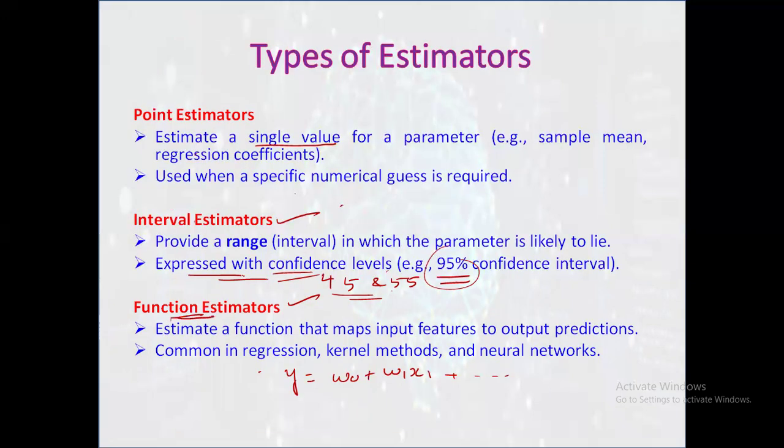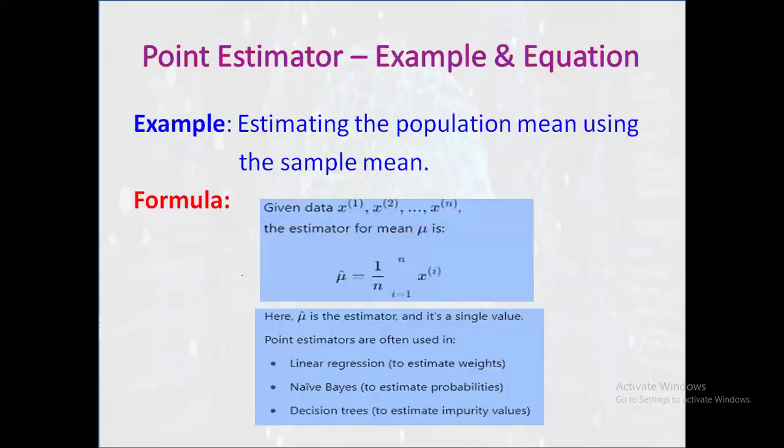Say, for example, the point estimators. Let us consider a simple and common point estimator, the sample mean. Here we have the data x1, x2 up to xn. Suppose we have a data set of values such as student heights or product prices.